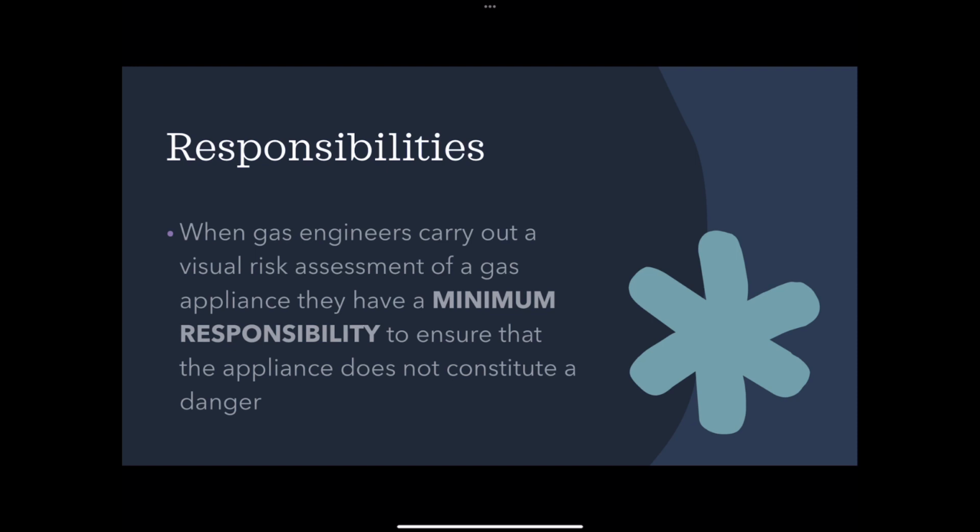So you have a minimum responsibility to ensure that the appliance, not the appliance you're working on, but any other appliance on the premises, does not constitute a danger. And we do this by means of visual inspection.